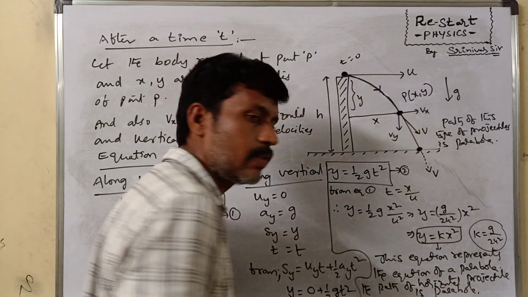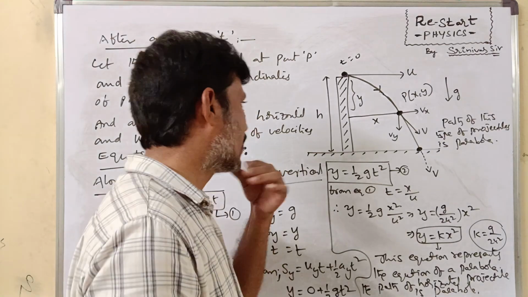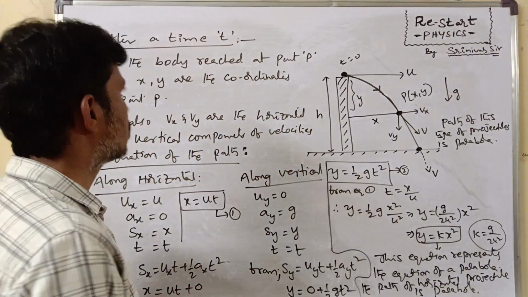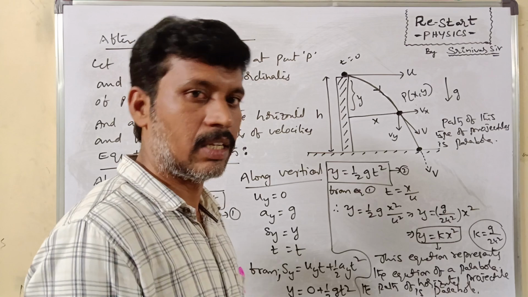This is the parabola equation, the path equation in case of a horizontal projectile.